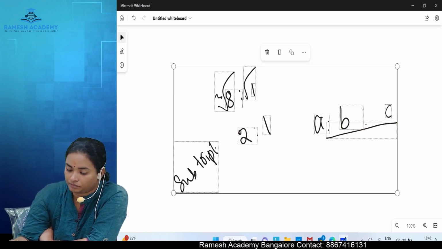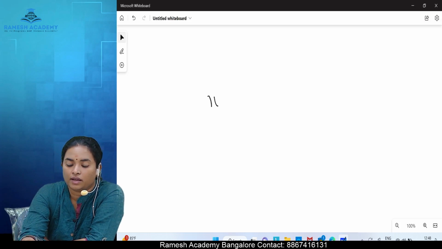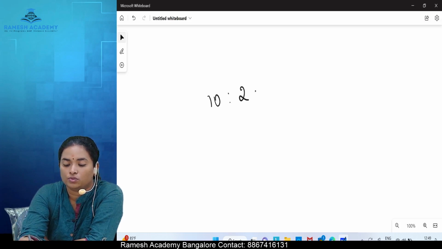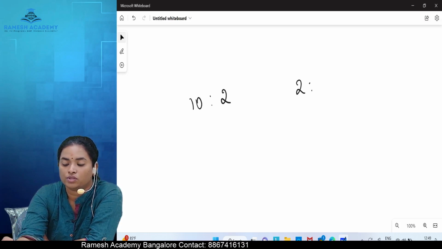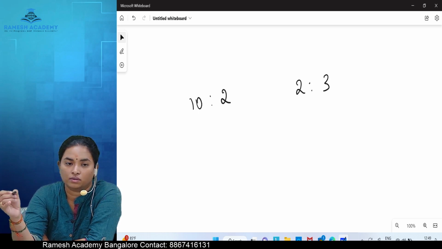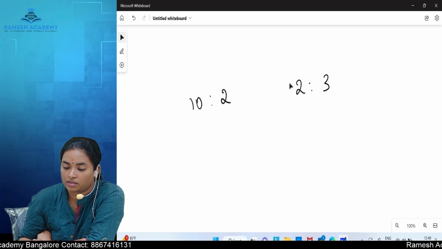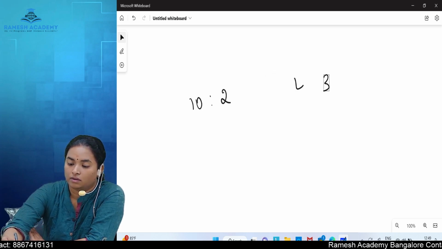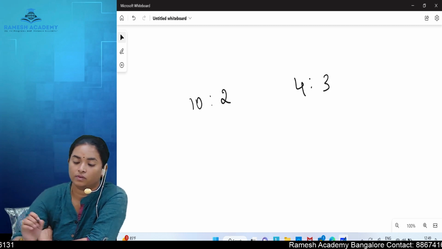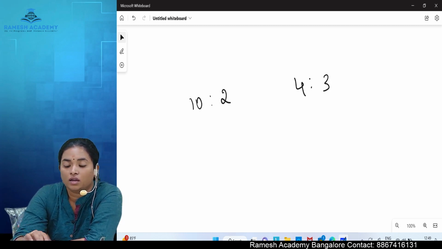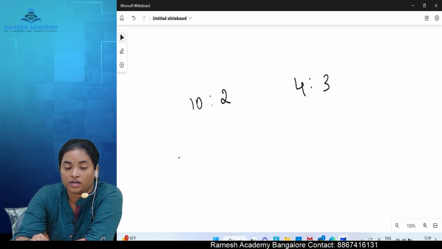Let me ask another question. 10 is to 2 and I have 2 is to 3. No, I don't want to give the same number. Let's take it as 4 is to 3. Now I want to find the continued ratio.